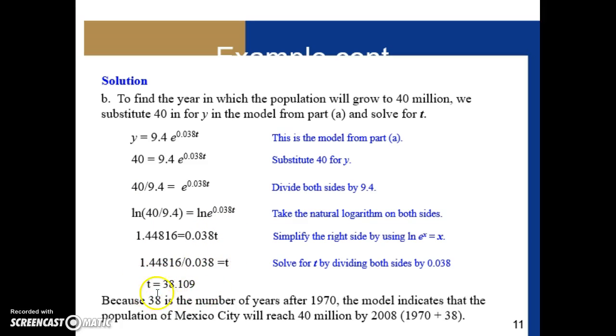So here we're talking about whole years, so the 0.109 is not useful for us. We'll drop it, and so 38 years beyond the initial setup of 1970 will be 2008. So it says the model indicates that the population of Mexico City will reach 40 million by 2008.